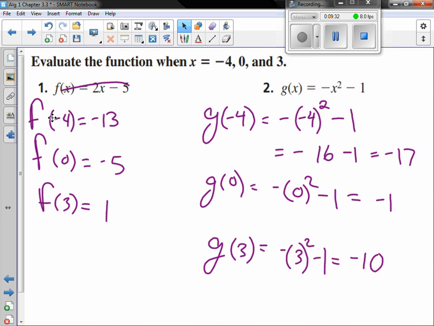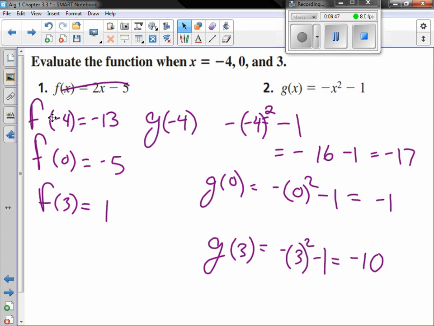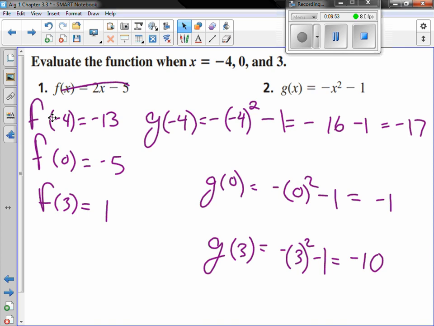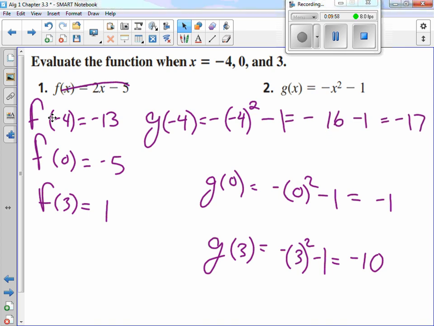The first one I just chose to bump it down so I would have more room. Yeah, this is all part of the same equation. I just wrote it down on the lower line, so I'd have a little bit more space.